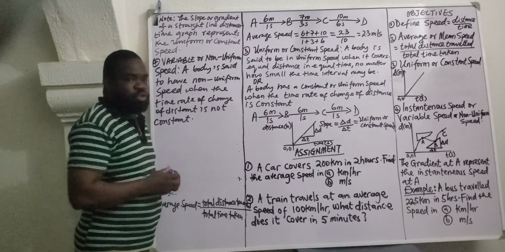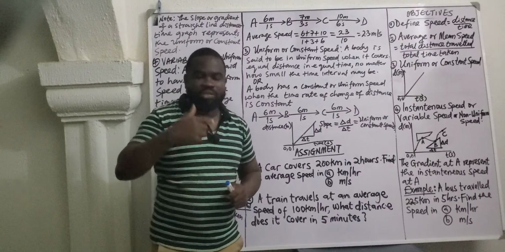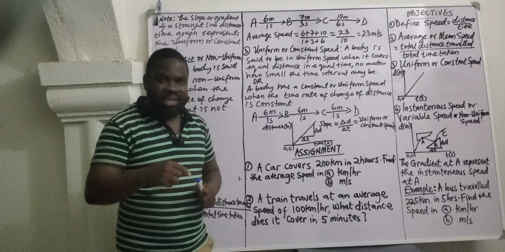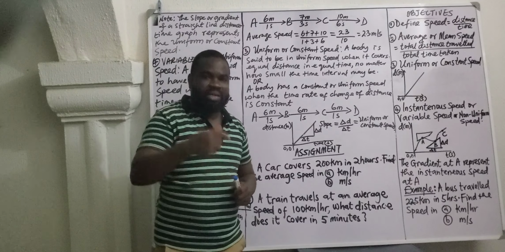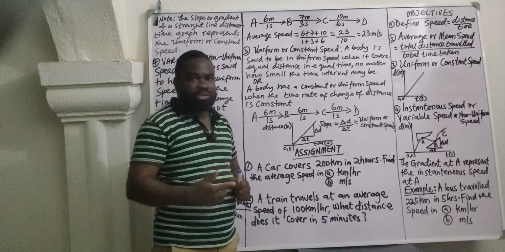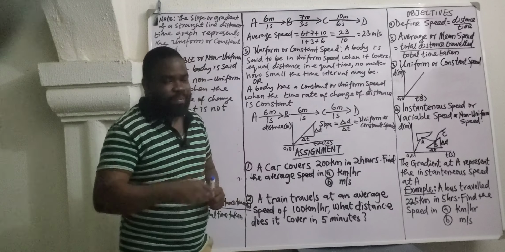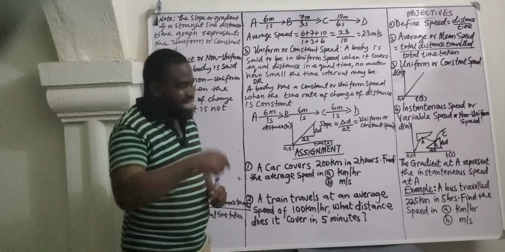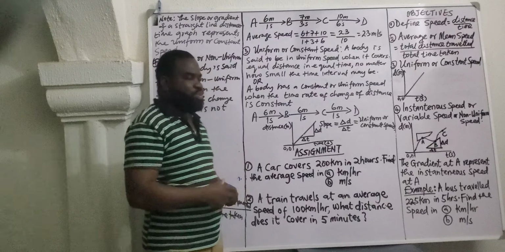Now, for such a body, you can only determine the speed at a particular instant in time. And when we determine the speed at a particular time, we call it instantaneous speed.